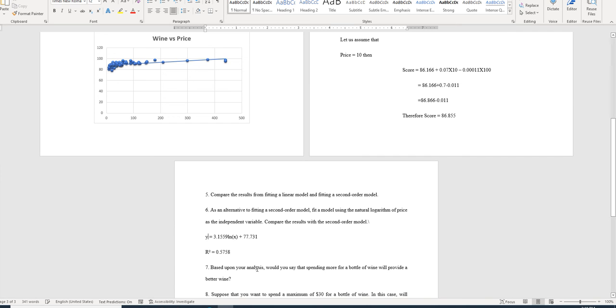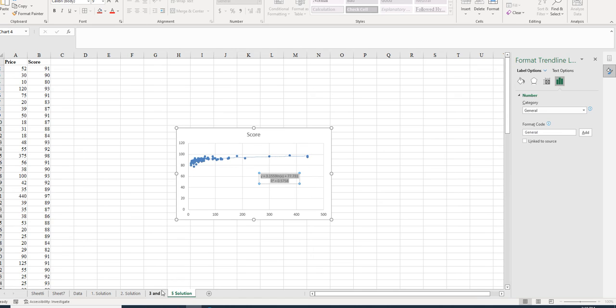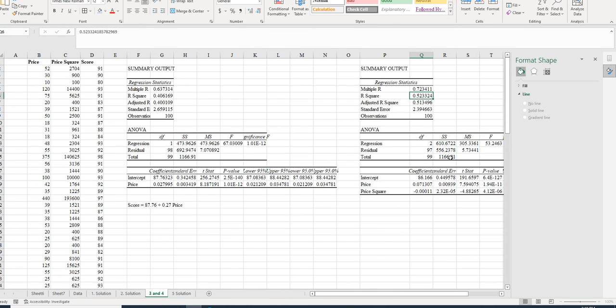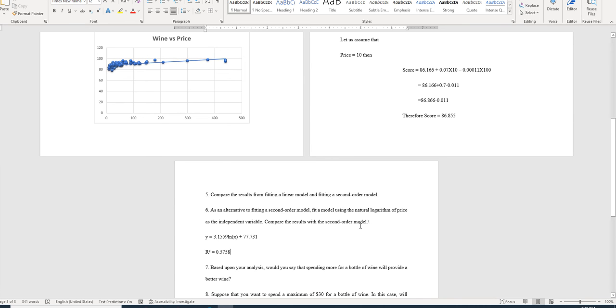So this is the equation, and from the equation we can see that the R square value is 57.58, whereas here the second order value is 52. Which clearly shows that the natural logarithm of price is giving a better R square accuracy value. So this one is a more fitting model when compared to the second order model.